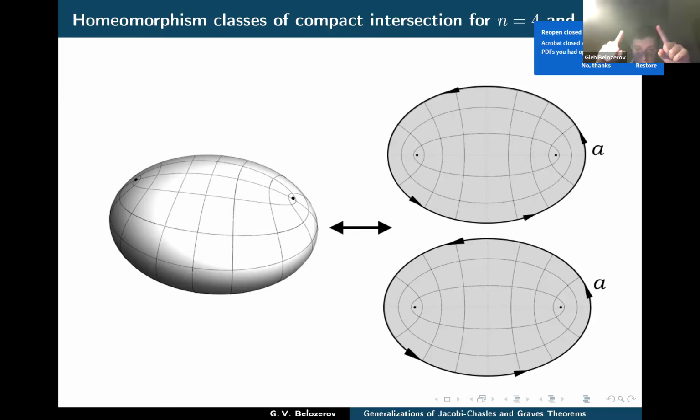And if we consider elliptic coordinates in these regions, then these elliptic coordinates correspond to elliptic coordinates on the ellipsoid. So if we want to represent a three-dimensional ellipsoid, we need to consider two same three-dimensional regions bounded by a two-dimensional ellipsoid, and consider elliptic coordinates in each of them.